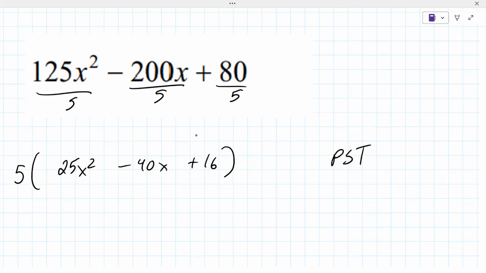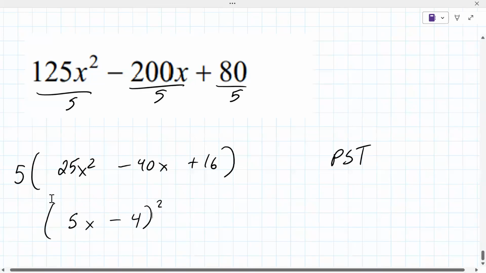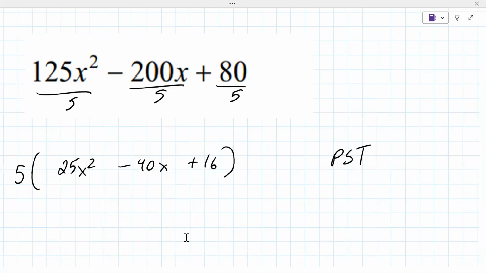All right, so then it would be 5x times 4 and then doubled. Sorry, I'm jumping ahead. Yes, doubled, 20x and then doubled is 40x. So it is 5x minus 4 squared. Very good.